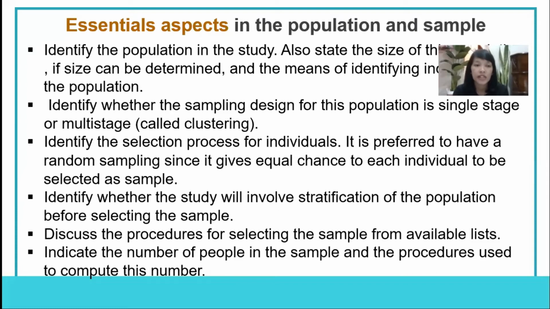And the third is to identify the selection process for individuals. According to the experts, a random sample is selected, because in using random sampling, each individual in the population of course has an equal probability of being selected.